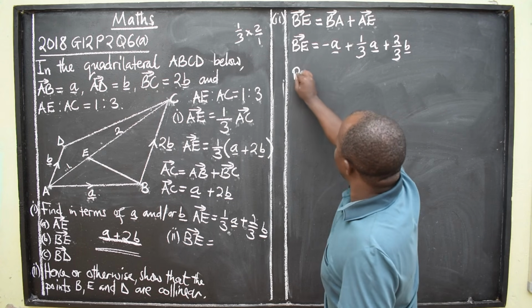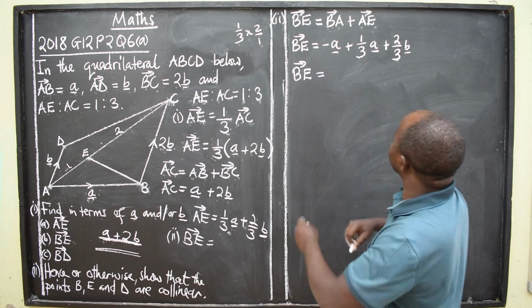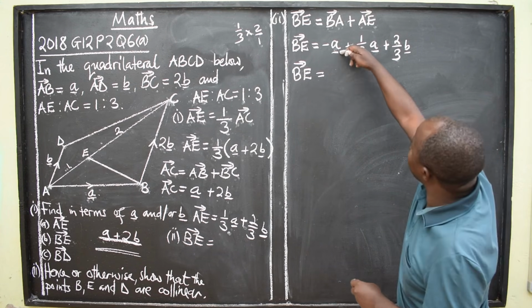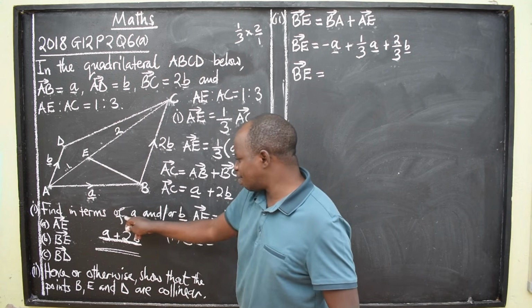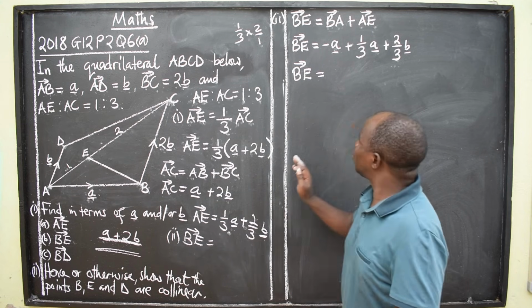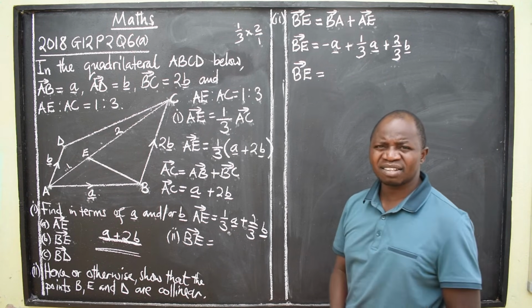Then, our final answer here will now be BE will be equal to, these two are like terms, so you cannot leave them like this. Remember, find in terms of A and/or B. So you can't leave two same vectors in the answer.